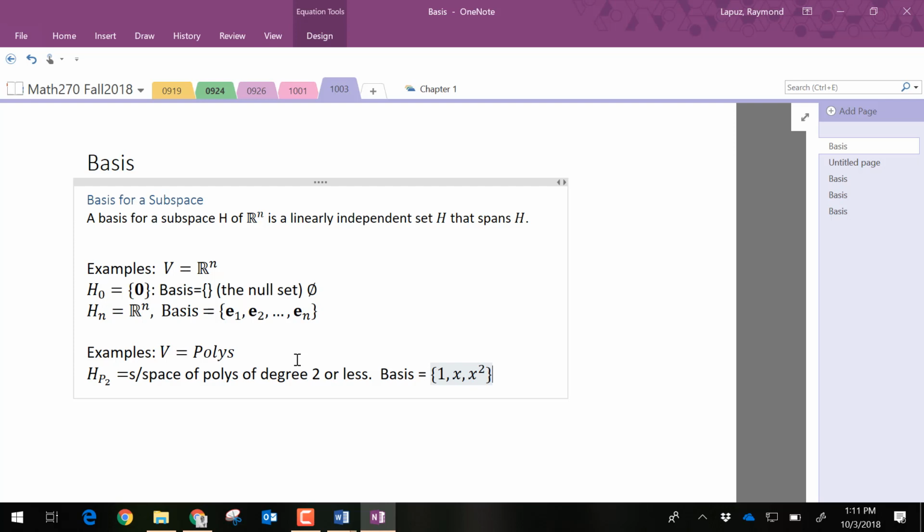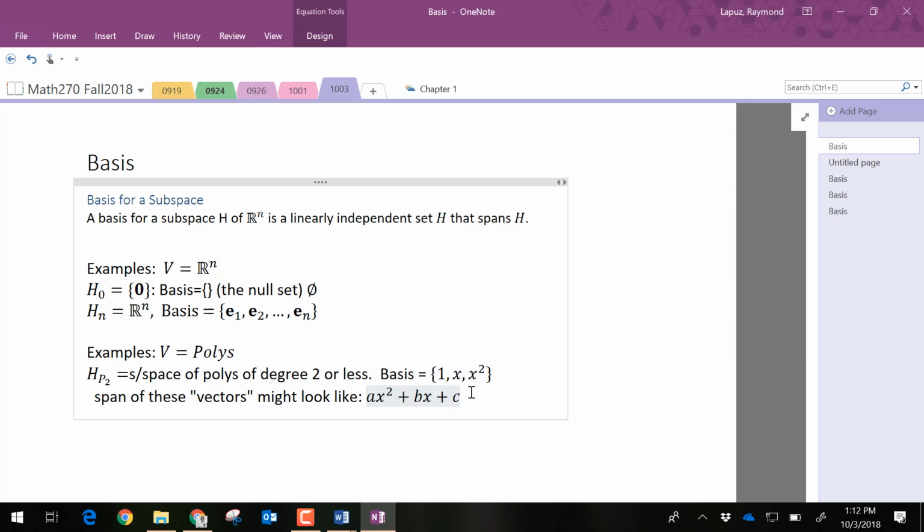So the span of these, now remember that these elements are technically called vectors, right? The span of these things might look like ax squared plus bx plus c.